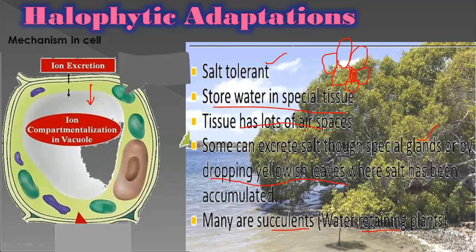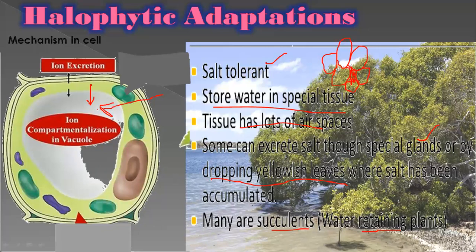So when the salt comes into the vacuole, the concentration gradient is maintained. Now in the plant cell, more salt is there, so inside is hypertonic compared to outside. So water will come inside, not the salt.